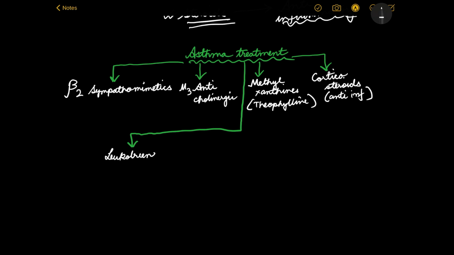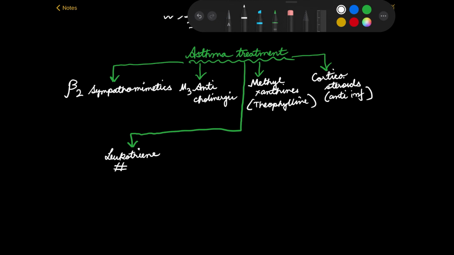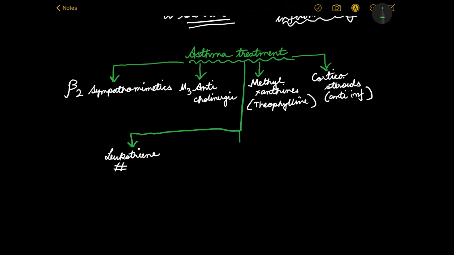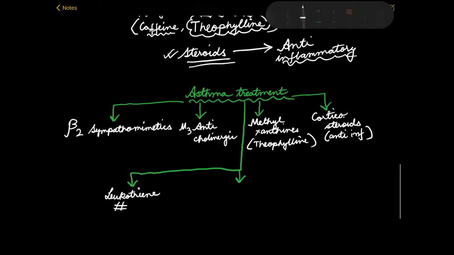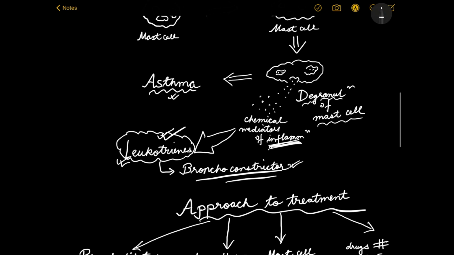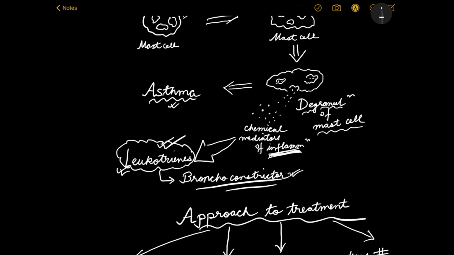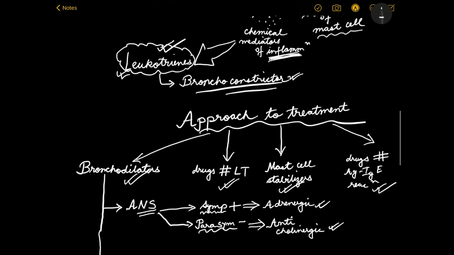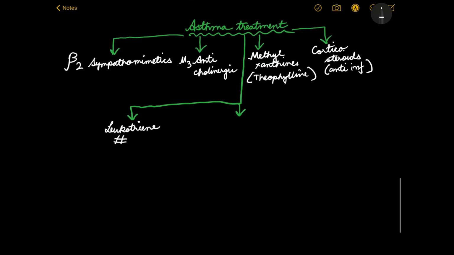Leukotriene antagonists, right? Then we also have drugs which can stop the antigen-antibody reaction, or which can make the mast cells stronger, so prevent degranulation, that is, mast cell stabilizers.